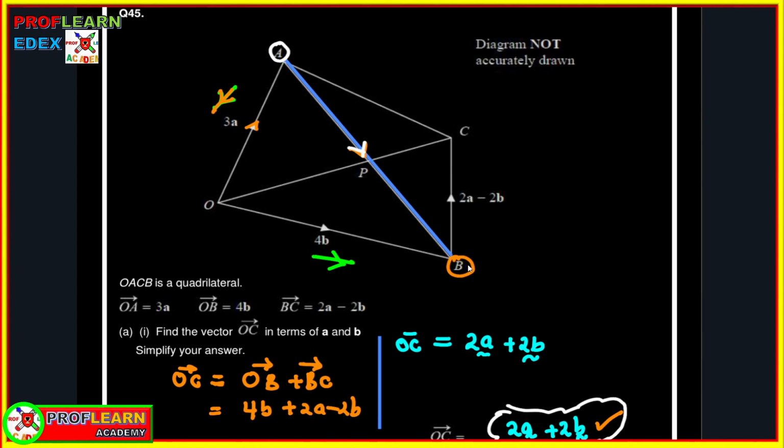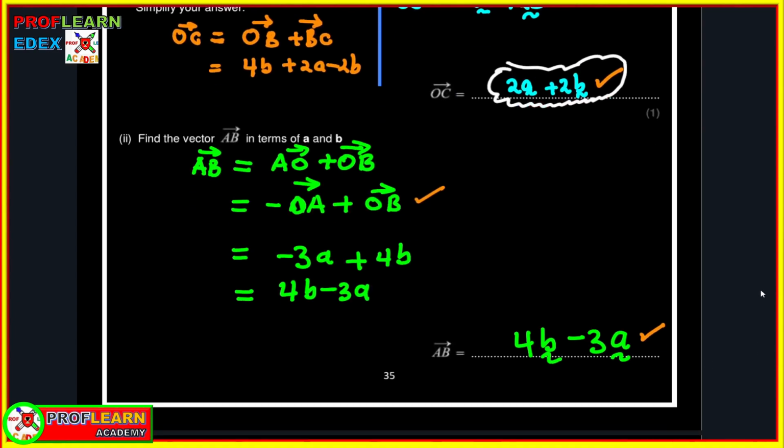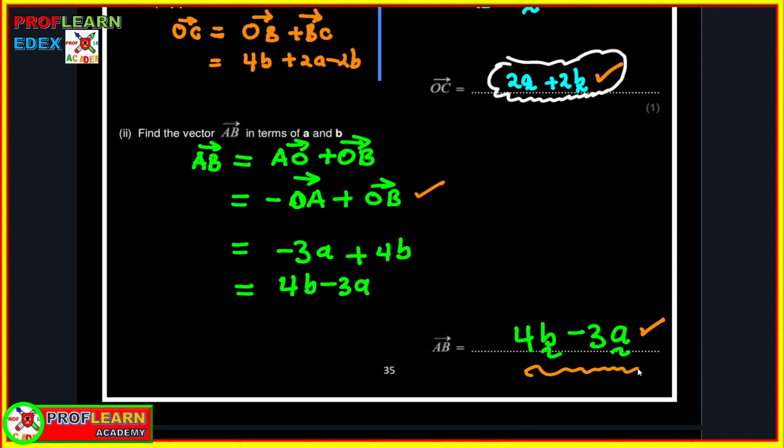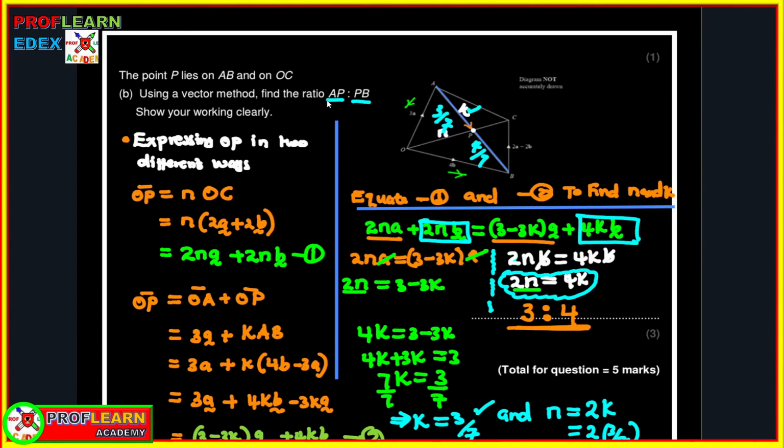Then we add OB, which is 4B. So AB is AO plus OB, but AO is the negative of OA. Then we substitute the values and end up with this part that we have here.